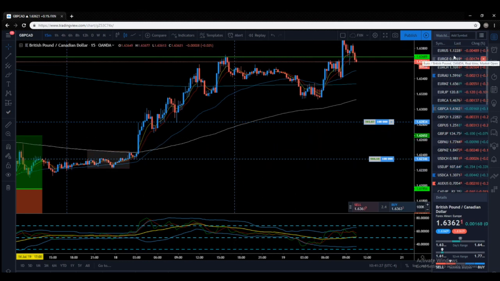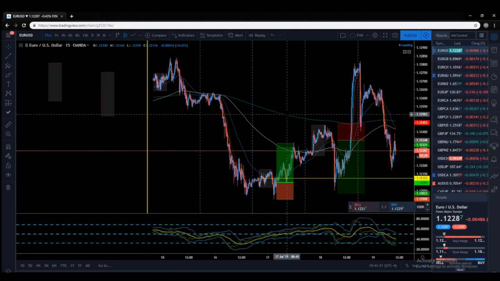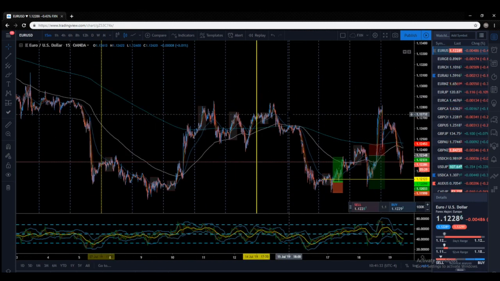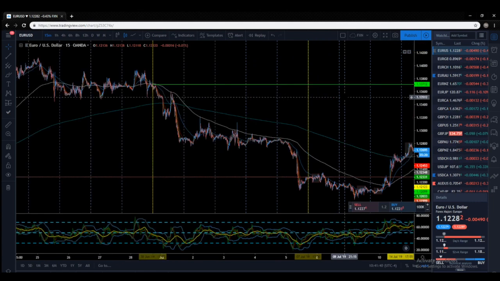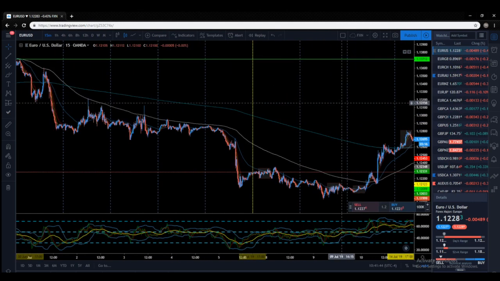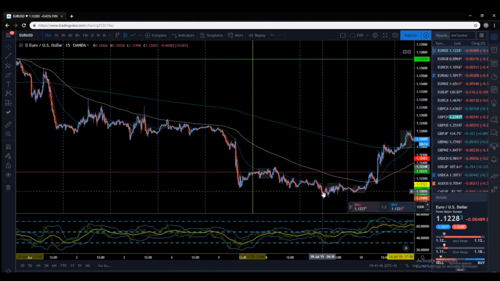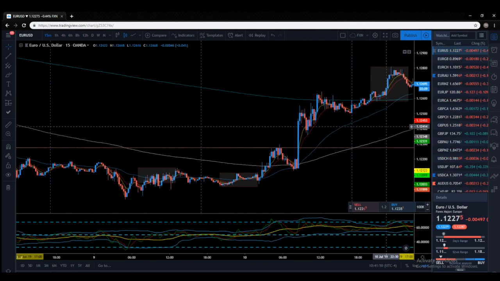I'm going to show you another one on Euro USD that happened. Here's another one on Euro USD, and again, same kind of scenario. Peak formation low, and then you go right into level 1.